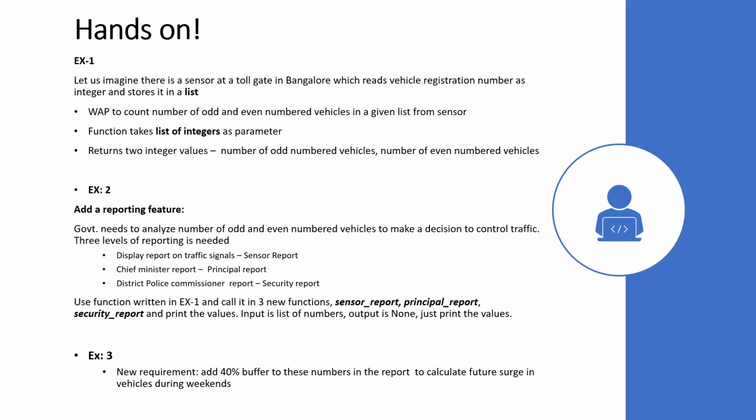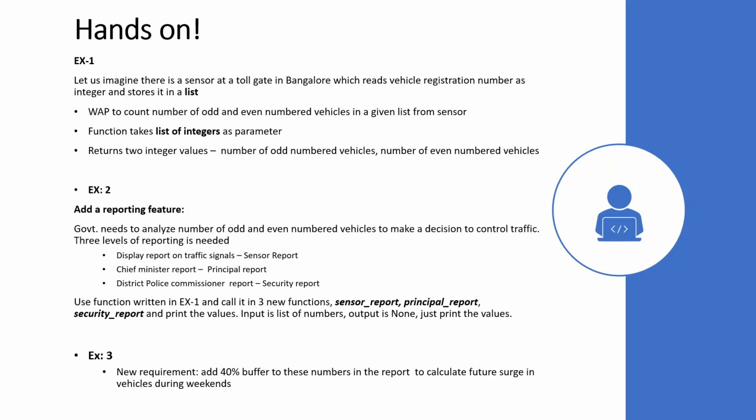Not a problem. Okay, so this is an exercise. I have also put it in the assignment, just to give an interesting use case. Let us imagine that there is a sensor at a Bangalore toll gate, such as Nelamangala or even Mysore or whatever toll gate it is.